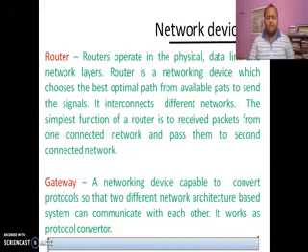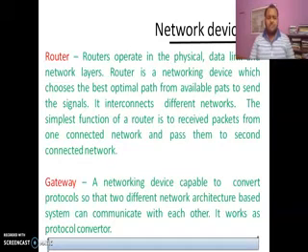So the router's work is to choose the best path to send the signals, so that a message can be sent with a better transmission rate, with better optimality to some receiver. It interconnects different networks. Now it is not about a single network. Router connects your multiple networks. Say we have to connect multiple LANs, so we will use a router.